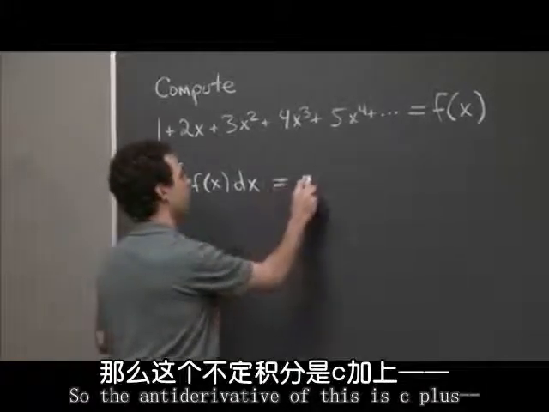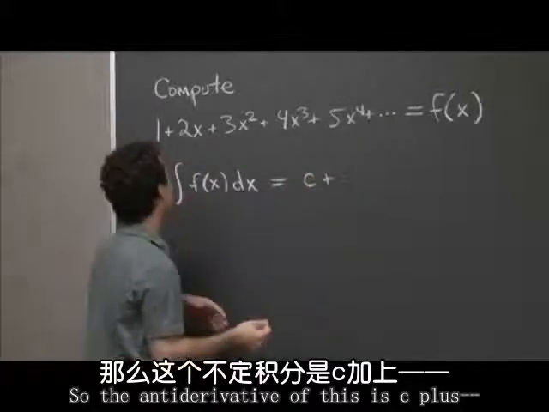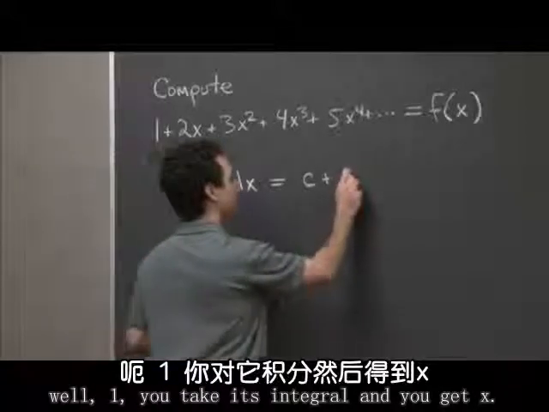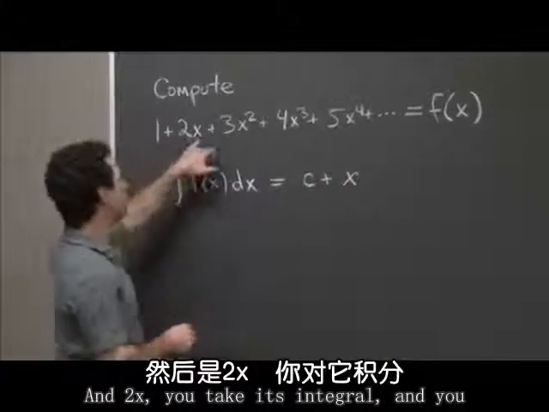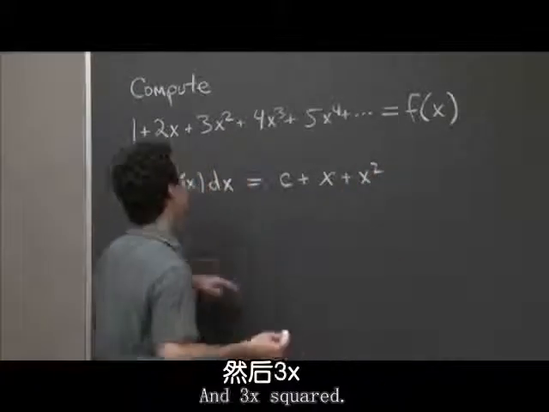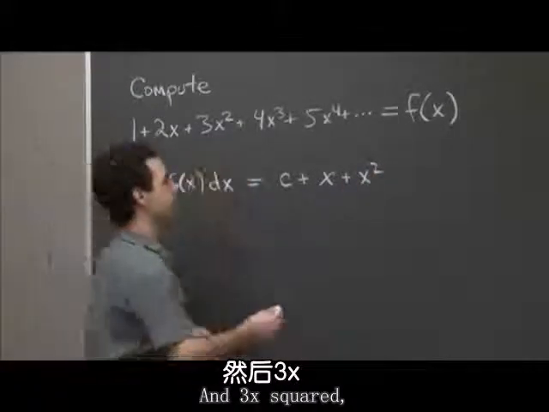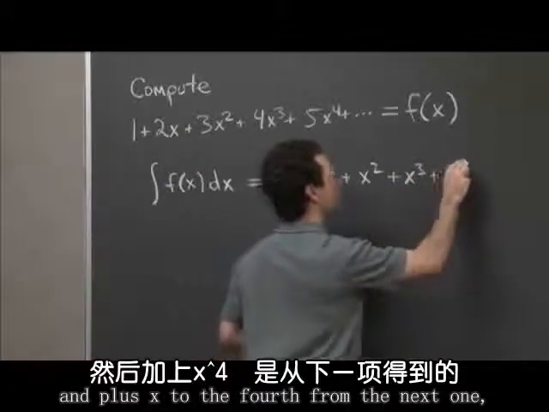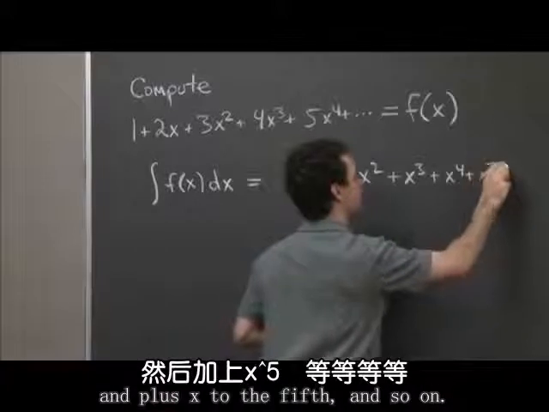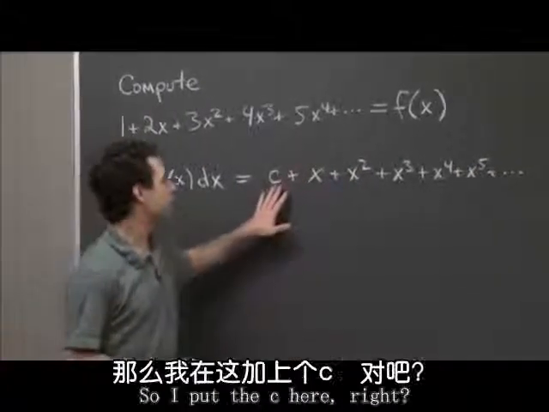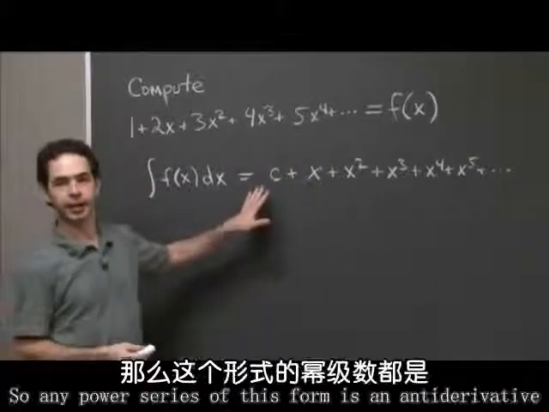So the antiderivative of this is c plus, well, 1, you take its integral and you get x. And 2x, you take its integral and you get plus x squared. And 3x squared, you take its integral and you get plus x cubed. And then plus x to the fourth from the next one, and plus x to the fifth, and so on. So I put the c here.